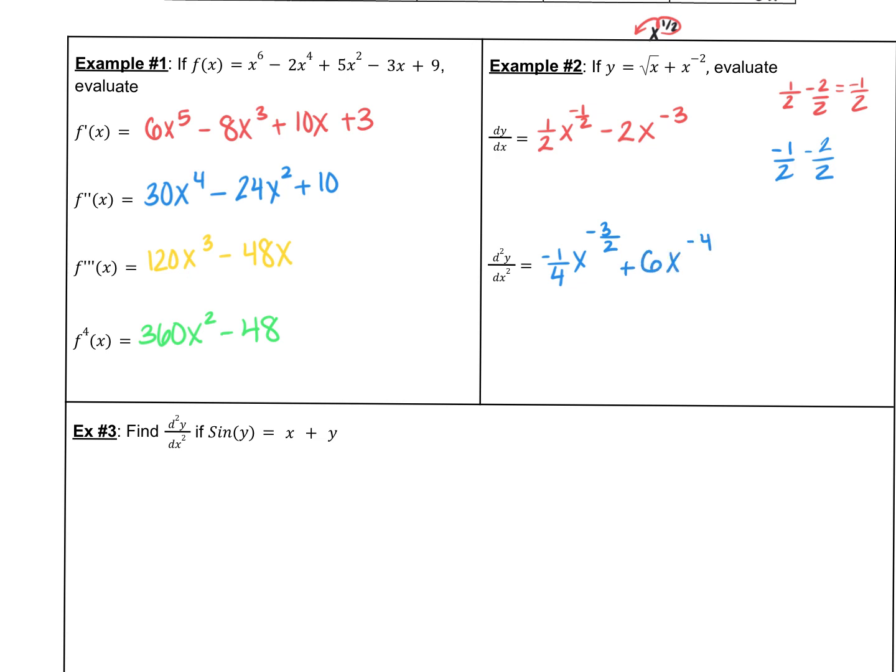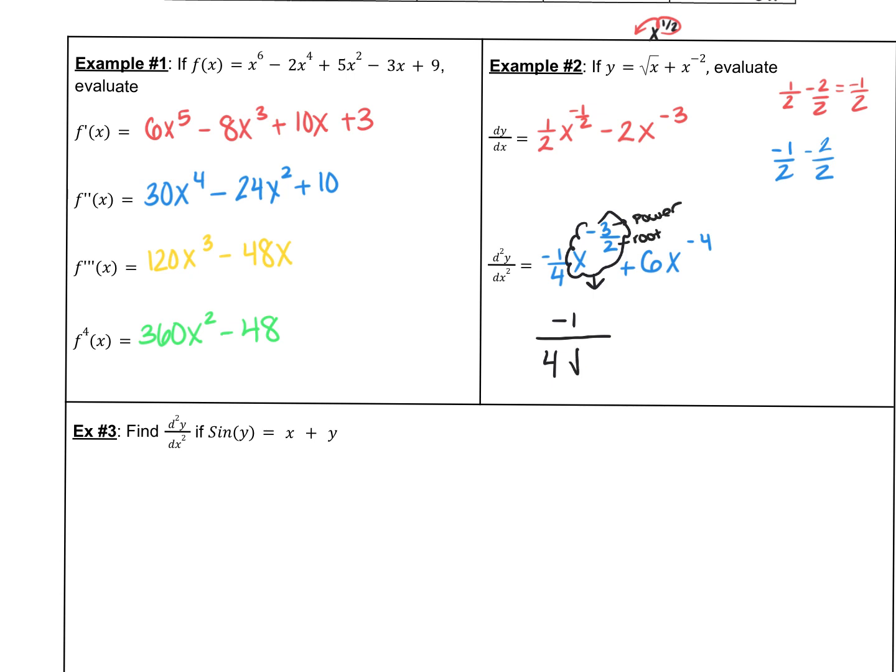Now just know that these derivatives can also be rewritten. I could change my negative exponents, bring them downstairs. I could even make them into radicals as well. So I'm going to just do this last one just to show you. So I could take this term, bring it downstairs with the 4. So the negative 1 stays on top, 4 can go on the bottom. 2 is my root, 3 is my power.